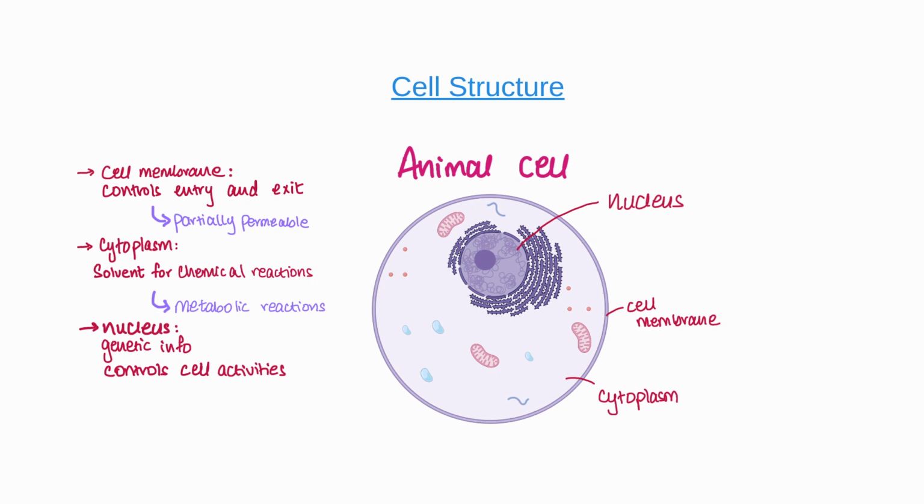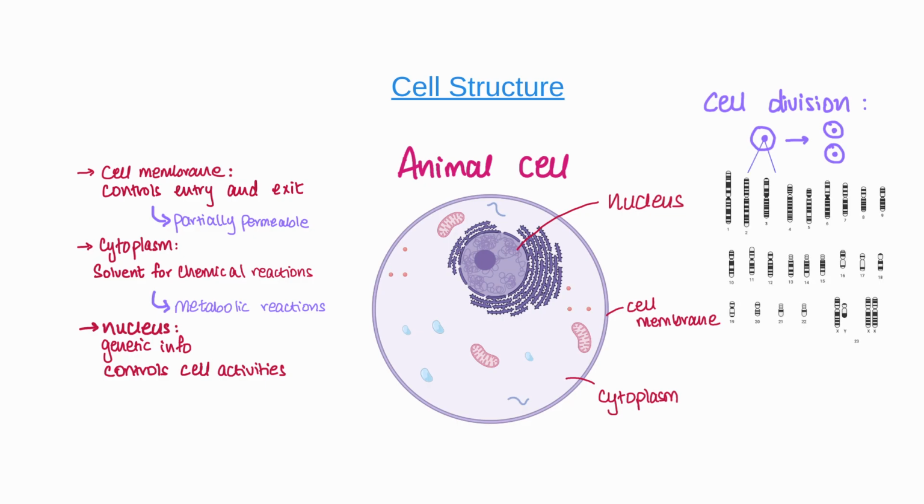Now, these chromosomes can't even be seen through even the strongest microscope, like I told you about the electron microscopes, right? These can only be seen when the cell is dividing, in its division phase. That's when the chromosomes stop being thread-like structures and start becoming thicker and shorter. So the nucleus essentially bosses the rest of the organelles around.